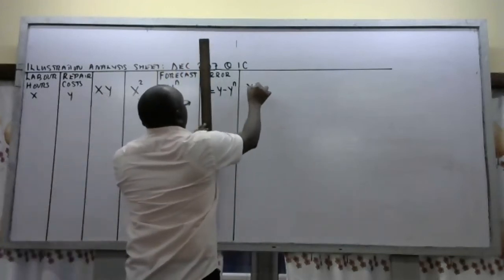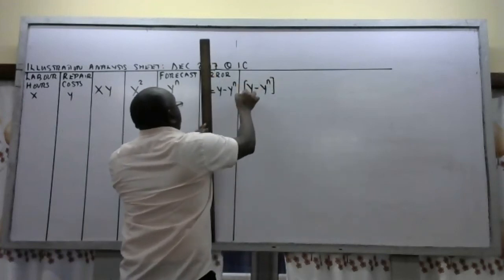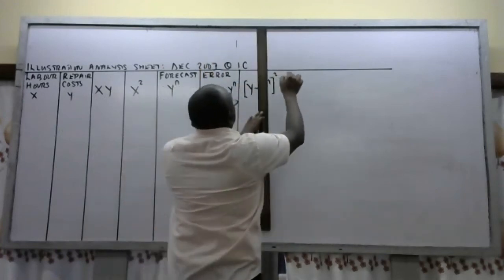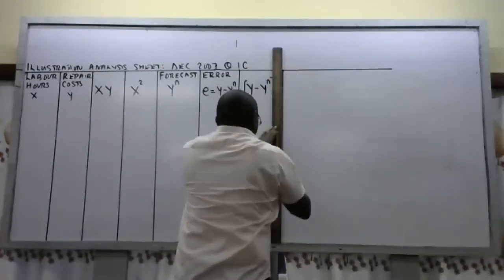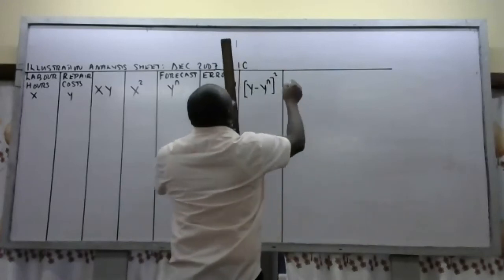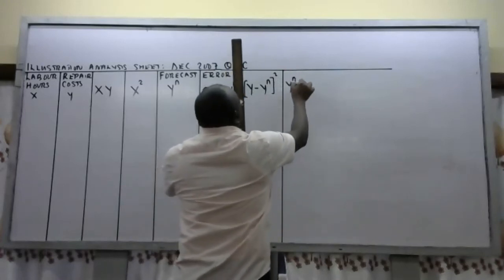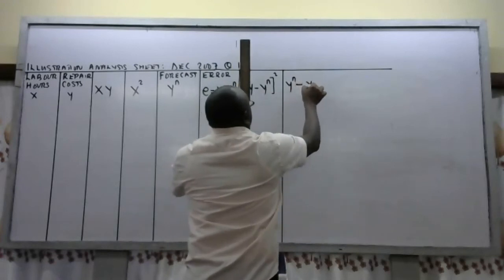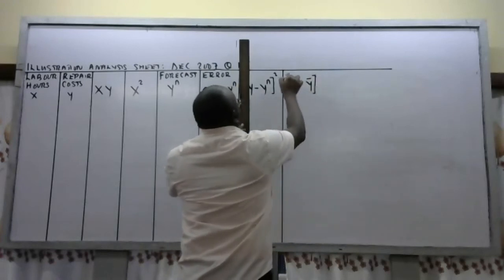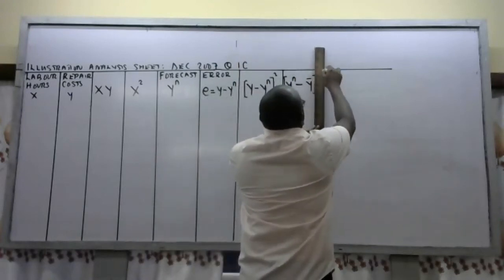Then we have a column Y minus Y predicted, which is squared. Then we have Y predicted minus Y bar, and then you square that.